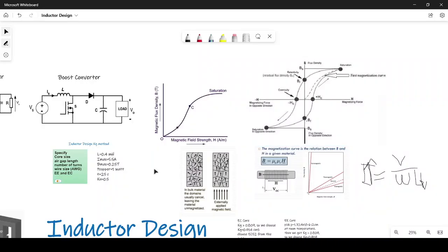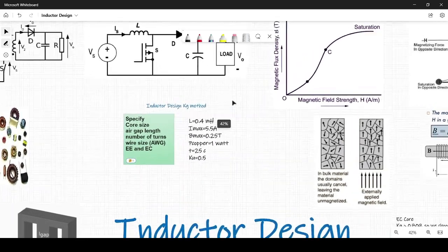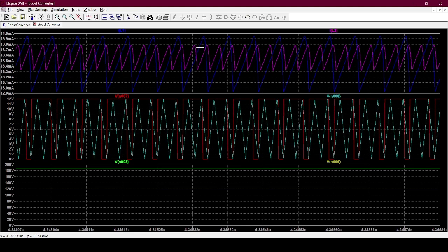So going back to our problem, here we want to design this inductor to achieve what we want. We want an inductor with 0.4 millihenry of inductance with maximum current of 5.5 ampere, and we have validated that we will use I maximum, not I RMS, as we cannot calculate this RMS value.